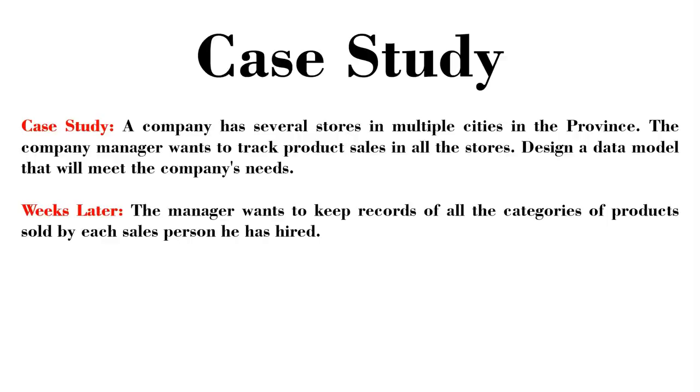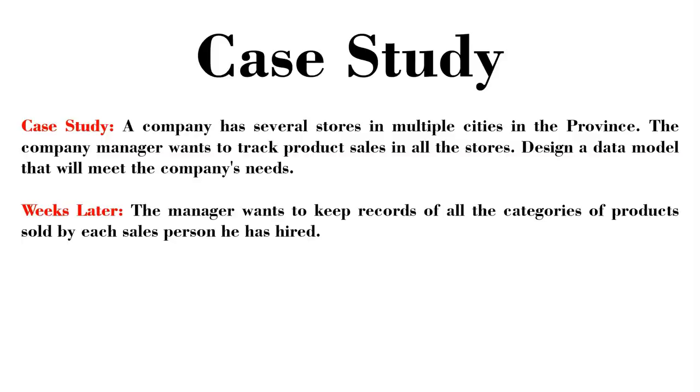If the manager now wants us to keep records of all categories of products sold by each salesperson, how will our design look like? Remember, he now wants us to keep record of all product category, so that can be one table, and also salesperson. So salesperson is also going to be another table.